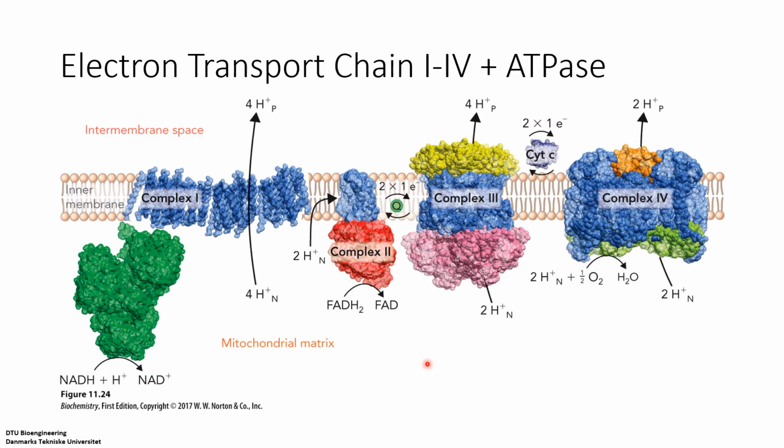And today we just talked about the electron transport chain, NADH oxidation, FADH2 oxidation, ubiquinone reduction, cytochrome C reductions, and so forth. Transport of protons across the membranes. In total, we get a transport of 10 protons. And that leaves us with a potential to produce about 3 ATP molecules from one NADH molecule.